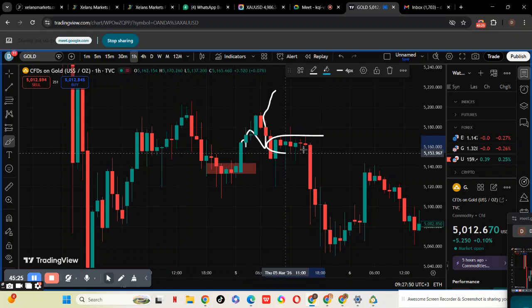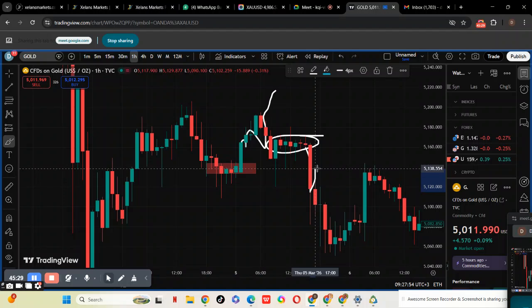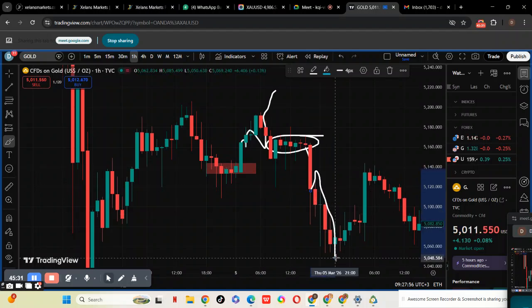Another consolidation here, broke below. The next one retested, then it went down. So whoever was asking about when to enter, do you enter immediately? I think your question is answered now. After the market closes below or above, you have to wait for the next candle to retest. So you simply enter with the second candle. Wait for a retest, then you can enter.